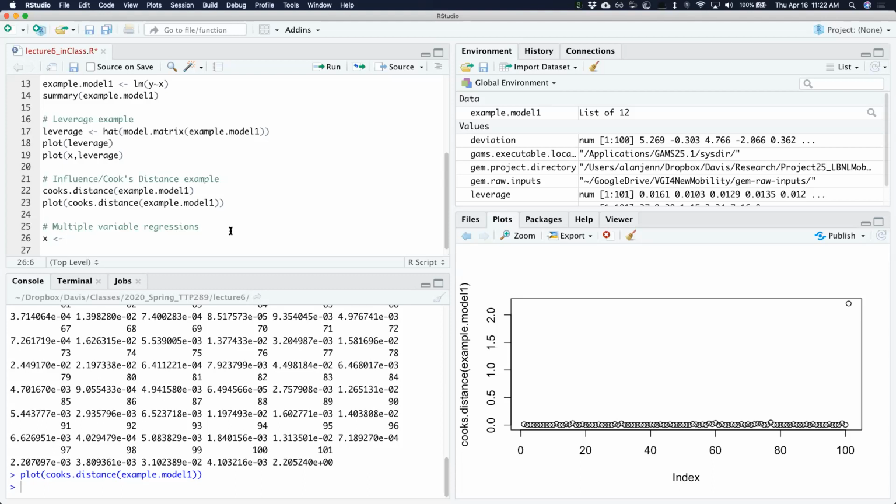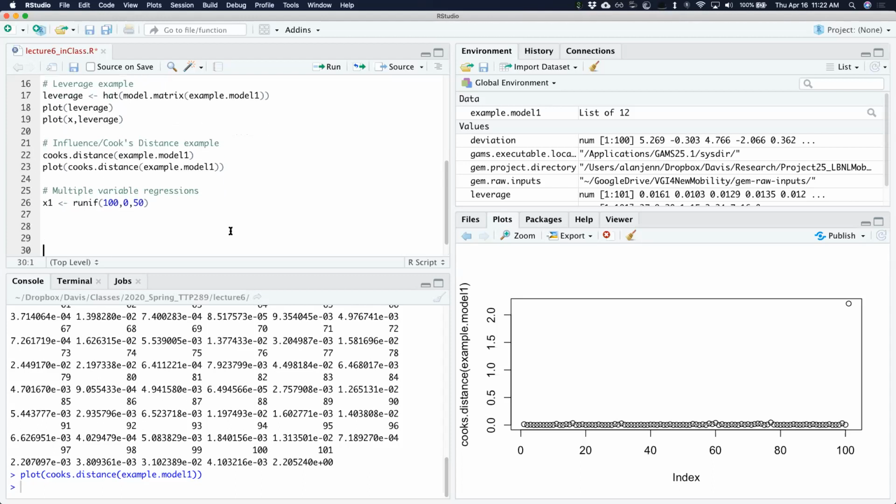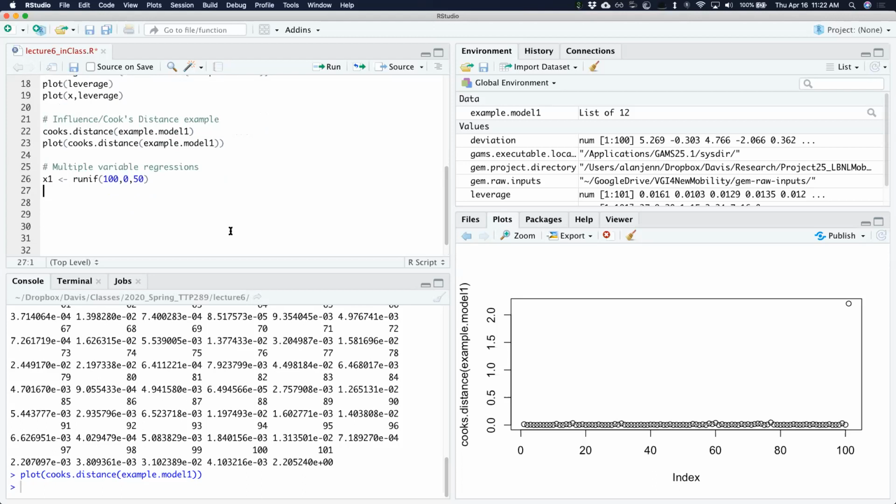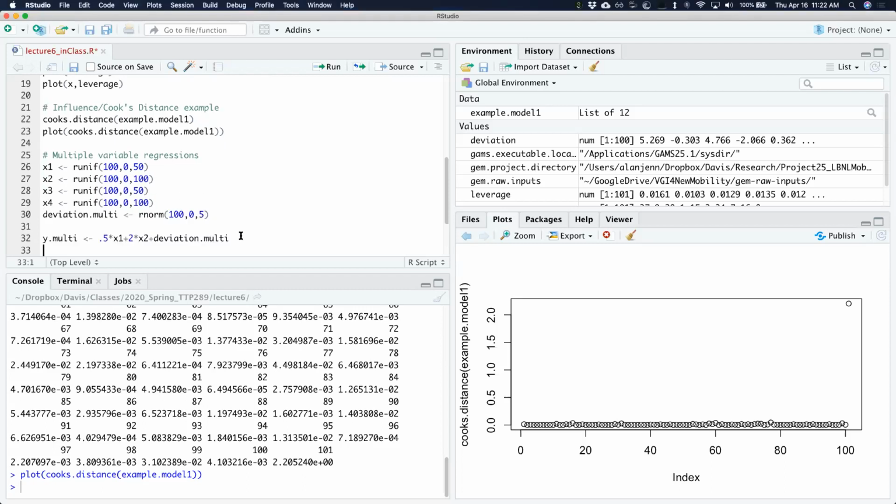So the first thing we're going to do is create a new make-believe data set. This time we're going to have a couple different variables to look at.